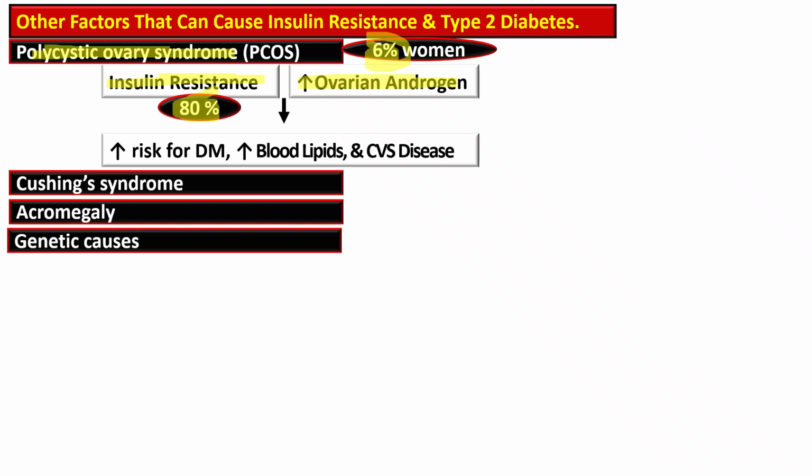Then there are some other long-term risks such as increased risk of type 2 diabetes, elevated blood lipids, that is dyslipidemia, and also cardiovascular diseases.